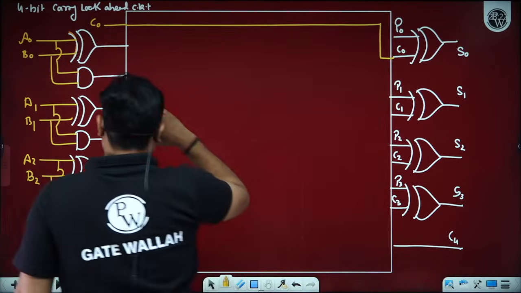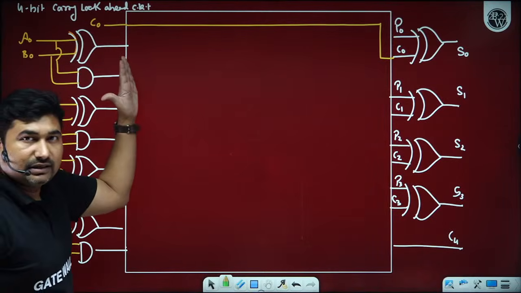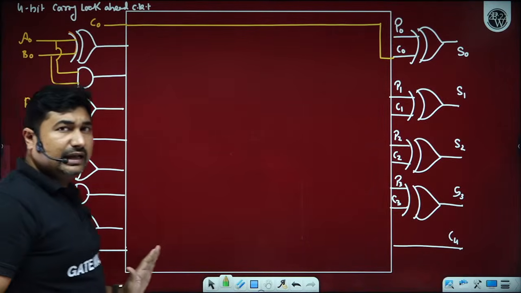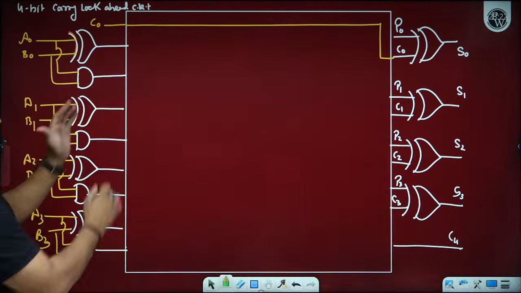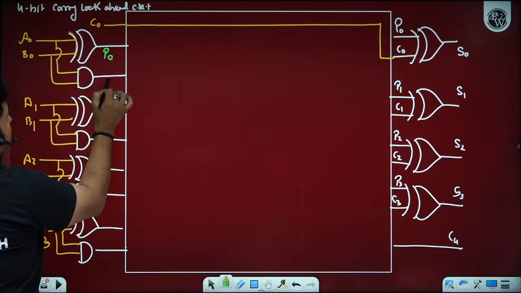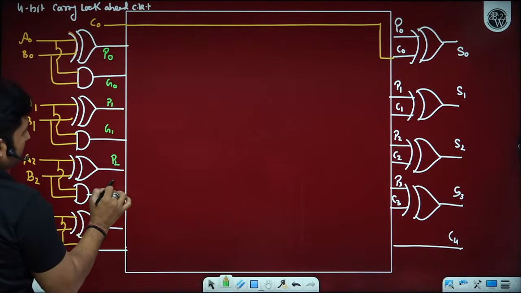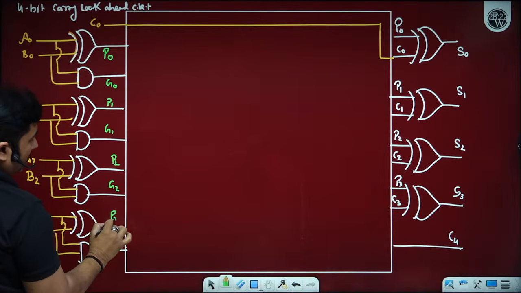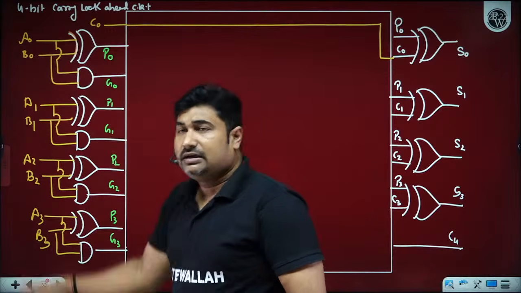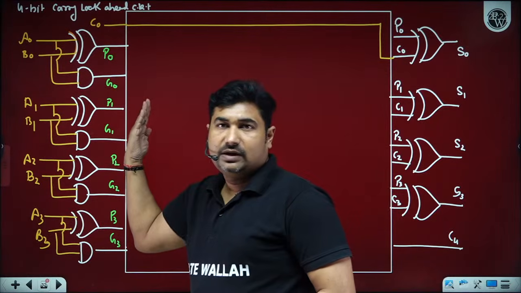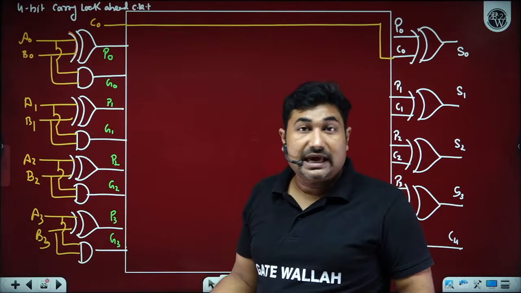Is it okay? And after one logic gate delay, if I consider that an OR gate, XOR gate and AND gate have the same delay, then after one propagation delay we have all the propagating and generating terms P0, G0, P1, G1, P2, G2, P3, G3 available.